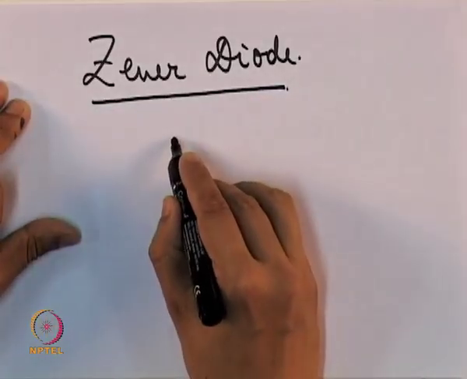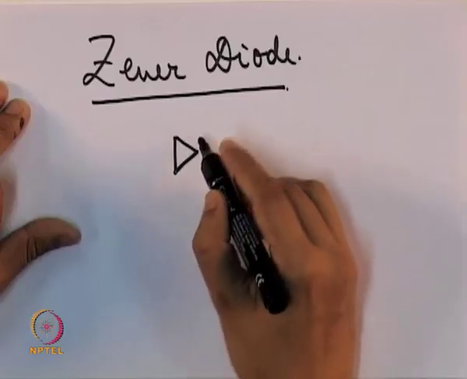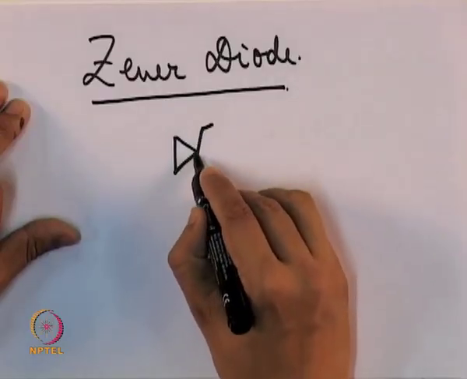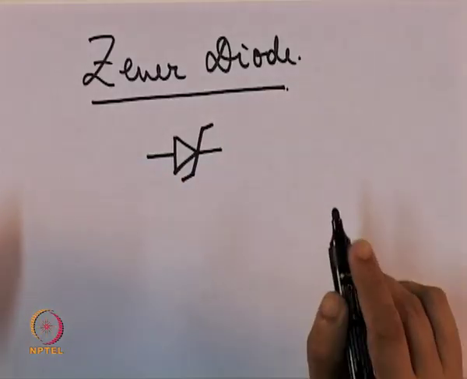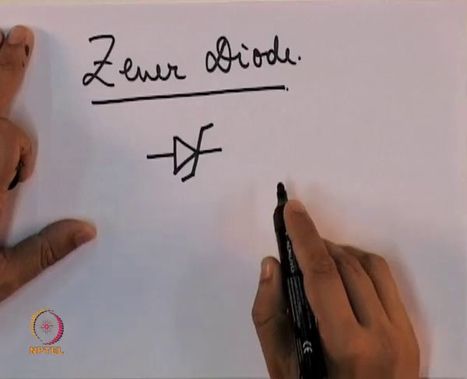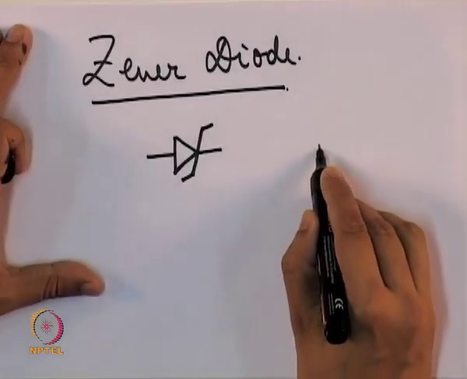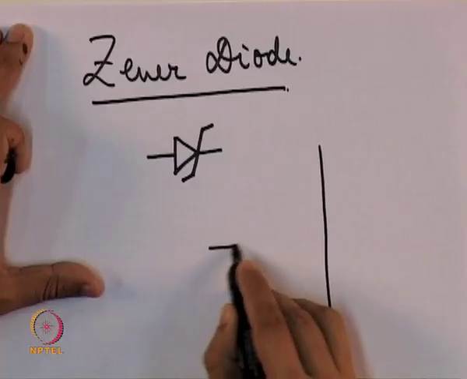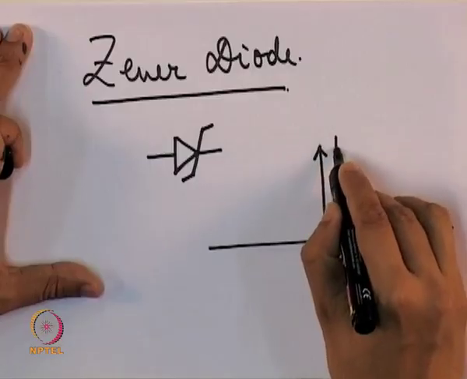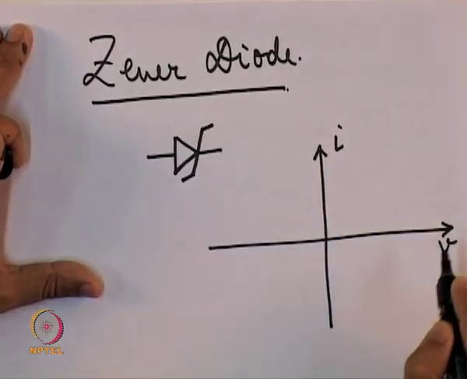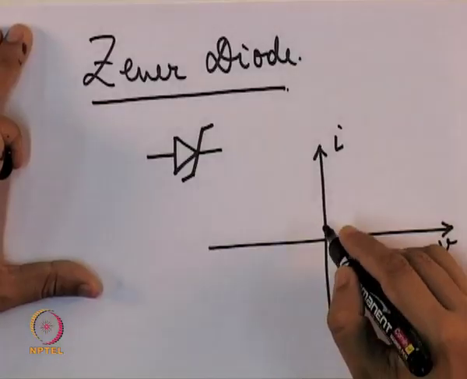The symbol for a Zener diode is like this. And the I versus V characteristics of a Zener diode, that is the current and voltage relationship, is something like this.